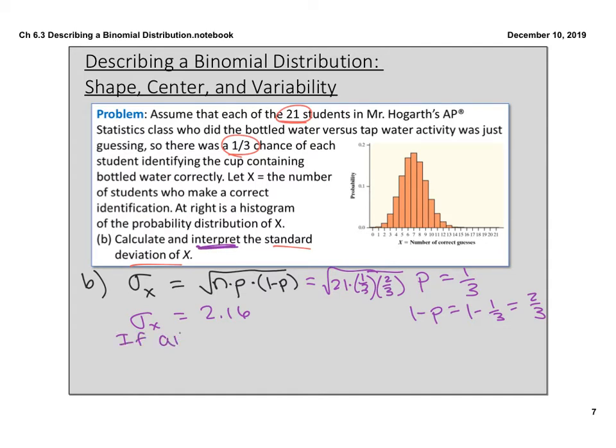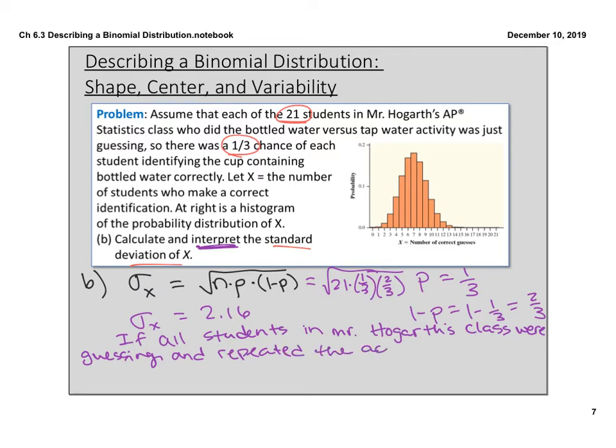If all students in Mr. Hogarth's class were guessing, and repeated the activity many times, the number of students who guessed correctly would typically vary.